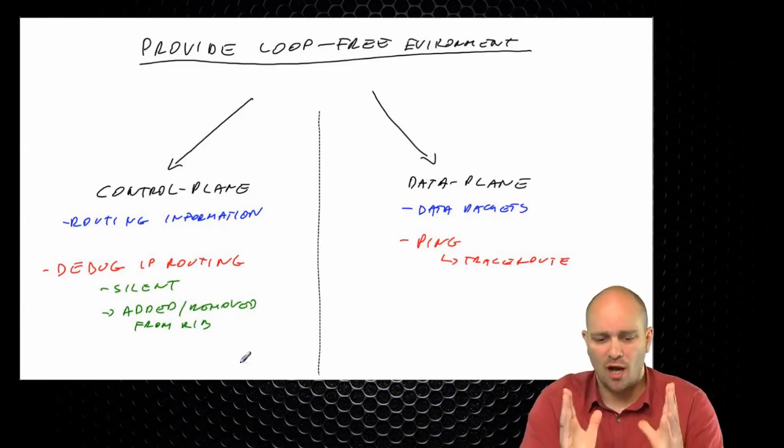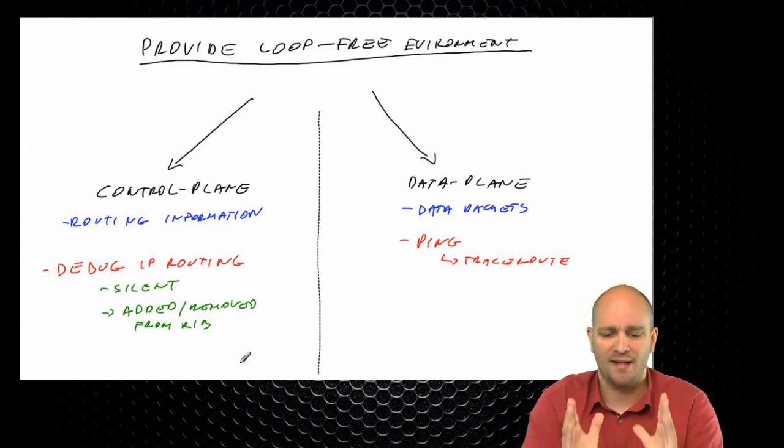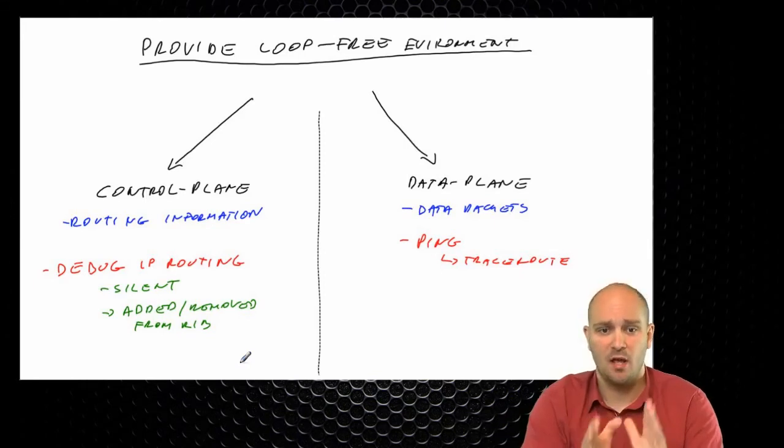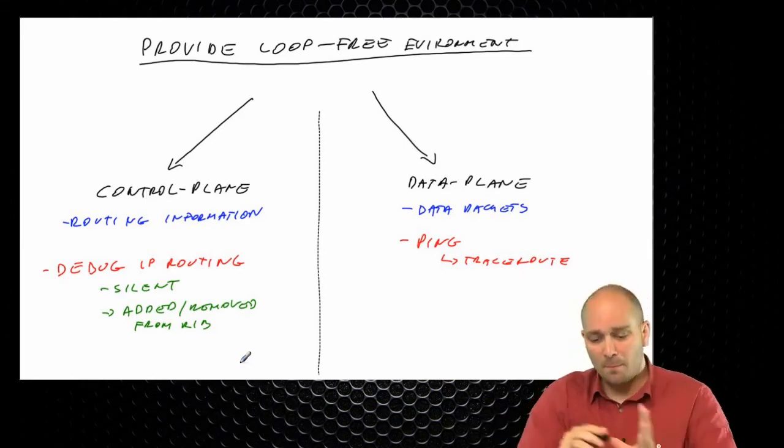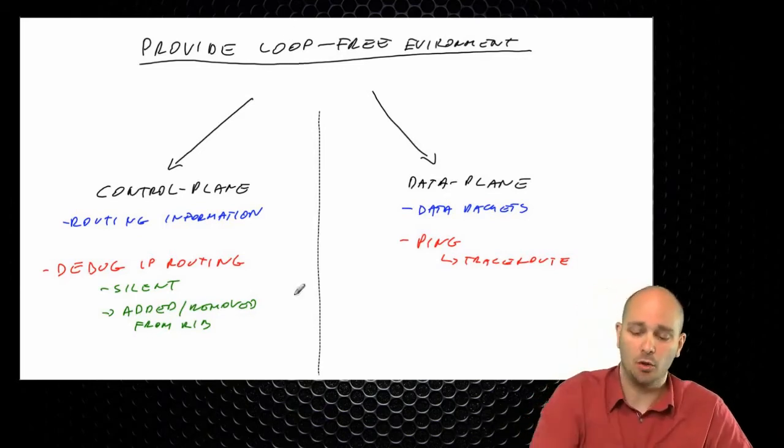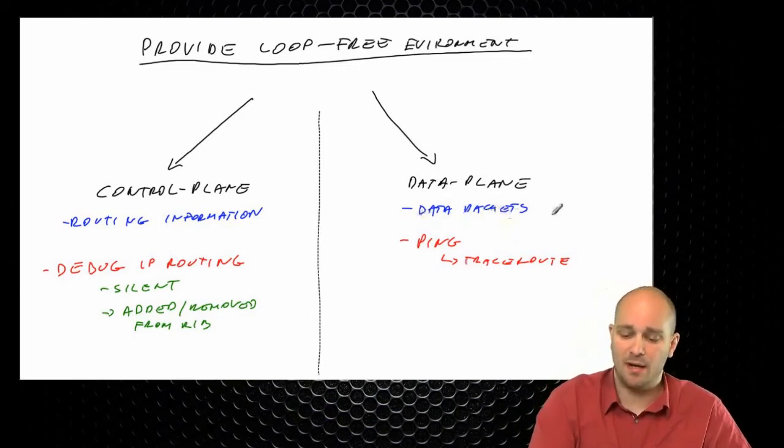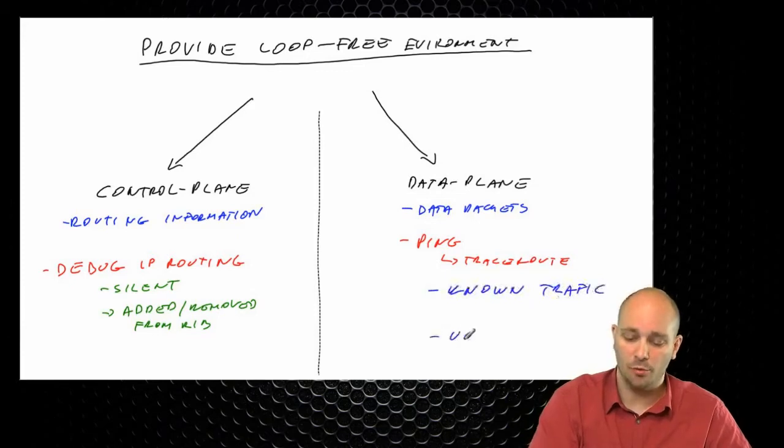So this is your ultimate goal, to provide a loop-free environment, free of control plane loops and free of data plane loops. Now, going back to data plane loops, the data packets that might be looping are for known traffic and for unknown traffic.